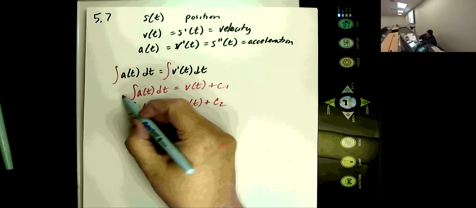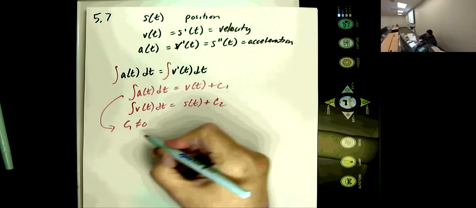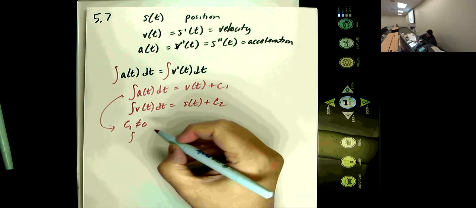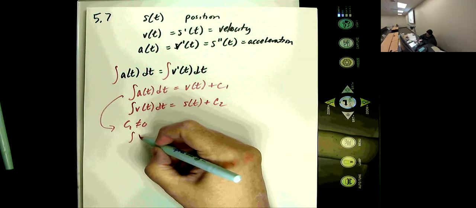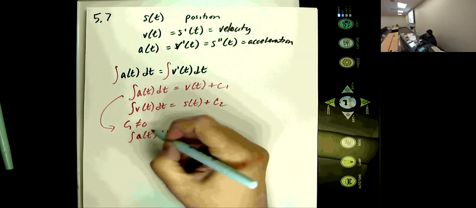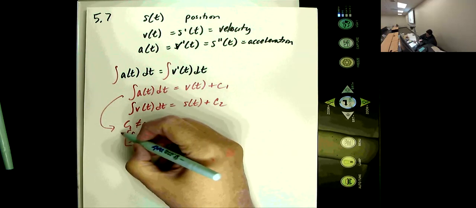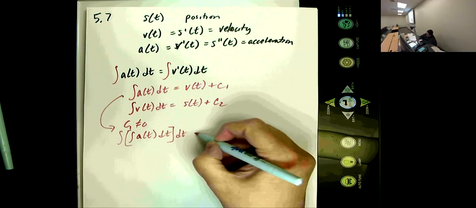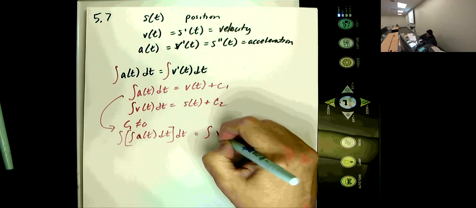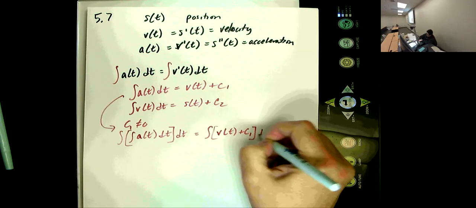If you have this and C1 does not equal 0, then when we integrate acceleration, if we wanted to integrate it twice, like we integrate it once and then we integrate it again to get to position, we have the integral of v of t plus c1 dt after the first integration.